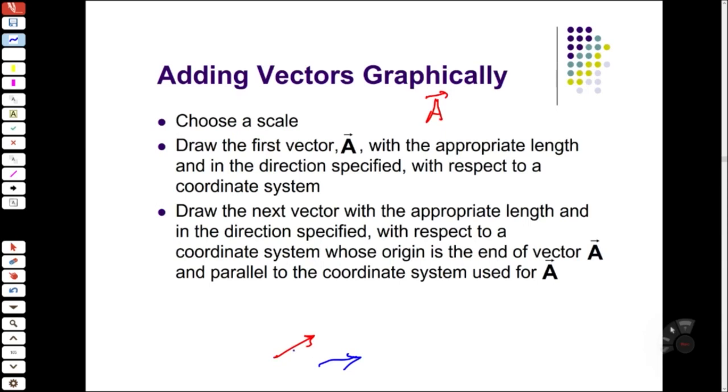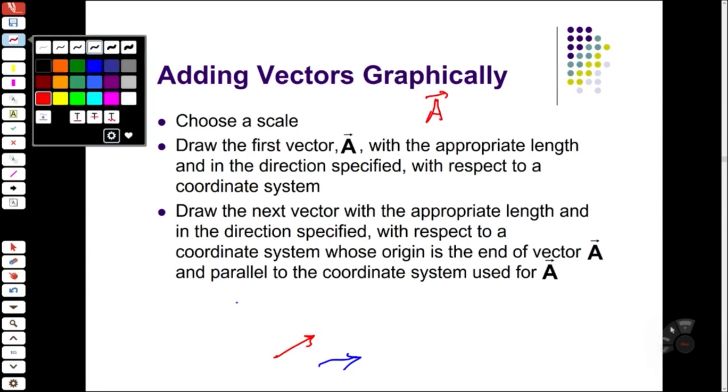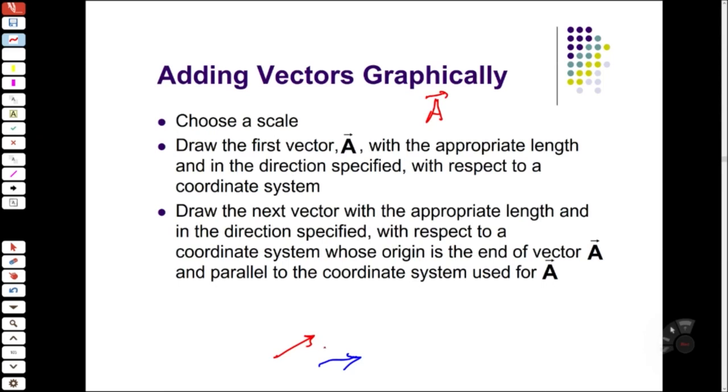You just parallel transport; recall that parallel transport does not change the vector. You parallel transport this and match this starting point with the end of the first one like this, and just connect these two. So that is the vector sum A plus B.